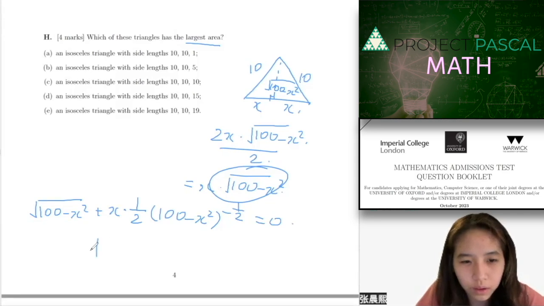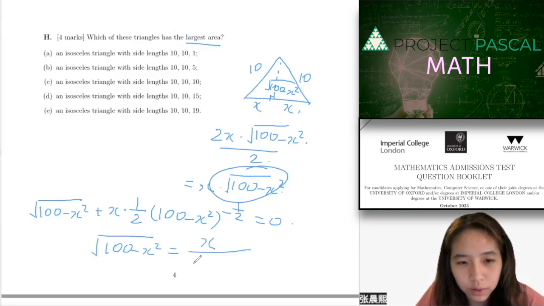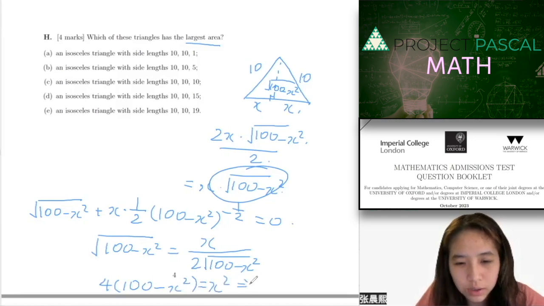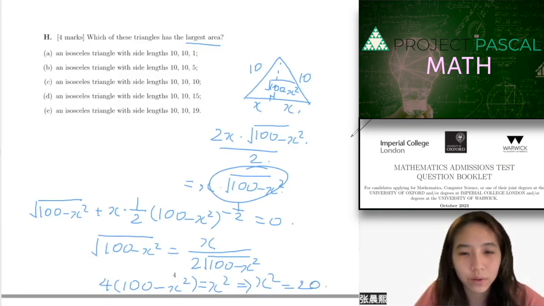So, well, 100 minus x squared equals x over root 100 minus x squared. And that gives like 400 minus x squared equals x squared. And so x squared equals 20. Yeah, x squared equals 20, and so you solve for 2x.